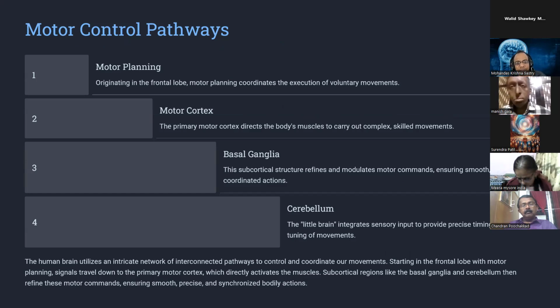So what is motor planning? Now you can understand motor control pathways. Now you will understand one by one what is the importance of this architecture. The most difficult architecture in the world is the brain architecture. How it takes inputs, how it processes them. It has innumerable, I say it's gigabytes.